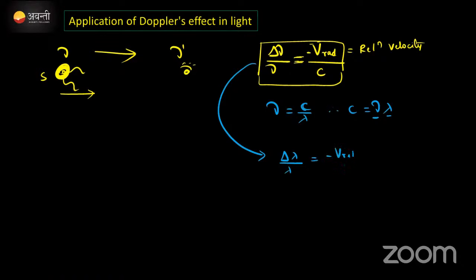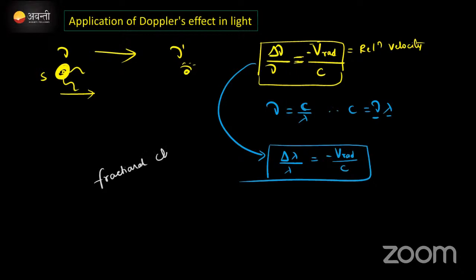This is in terms of lambda. Correct now? It's a fractional change in frequency as well as fractional change in wavelength. ये दोनों को क्या कहते हैं हम? Fractional change in frequency or wavelength. Right?